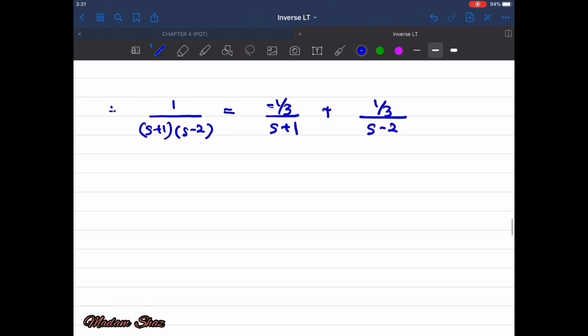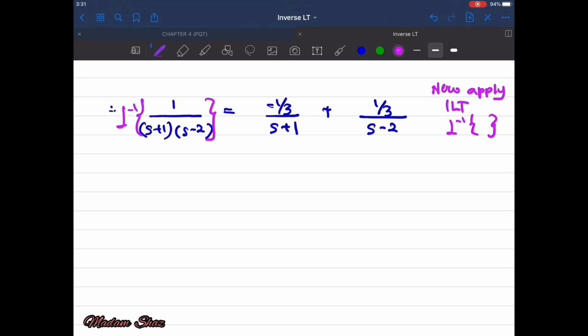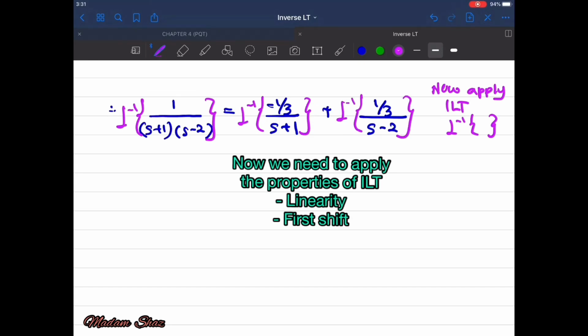After substituting the values of a and b, now apply the inverse Laplace transform. Write Laplace inverse curly bracket for each term. From here, apply the linearity and first shift property of the inverse Laplace transform.